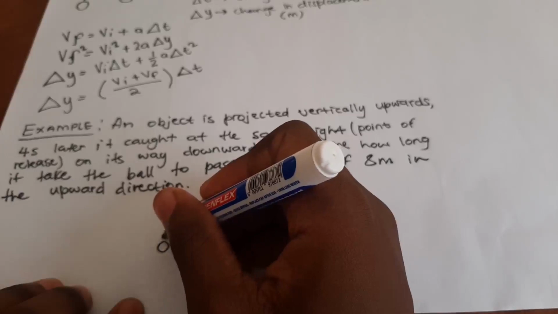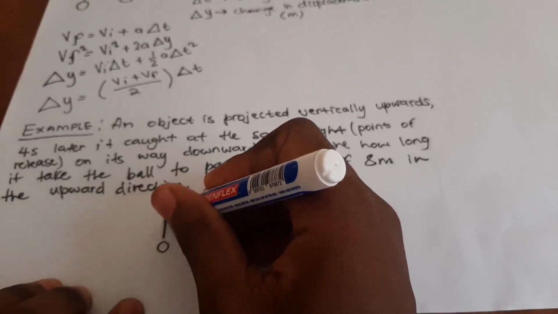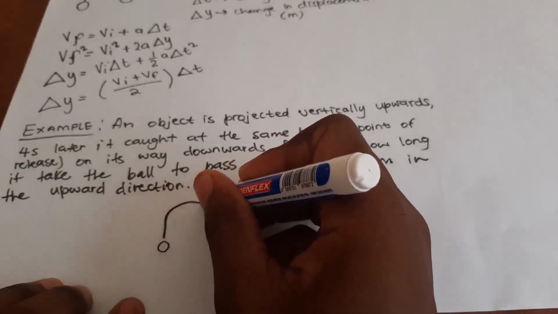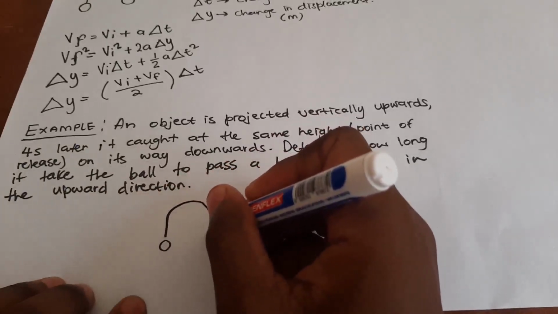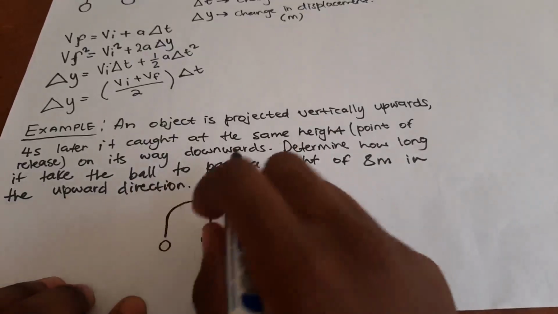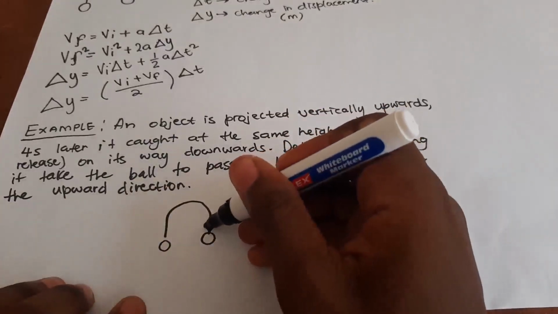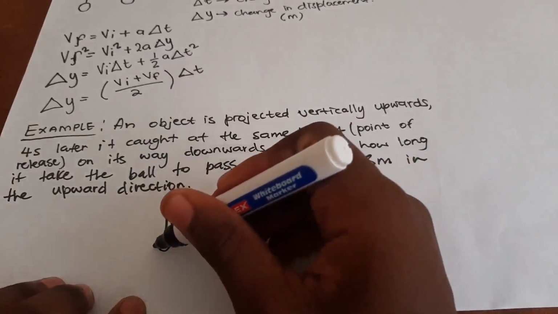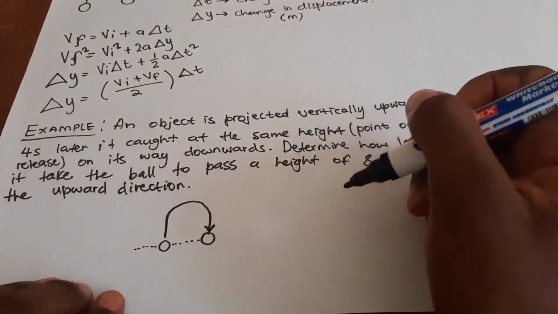It comes back, caught at the same height, the point of release, on its way downwards. This is the same height.